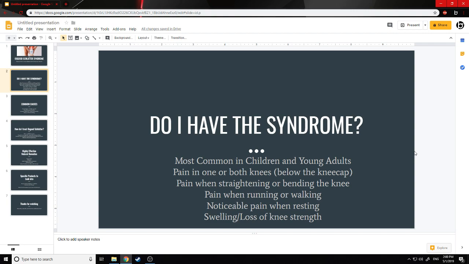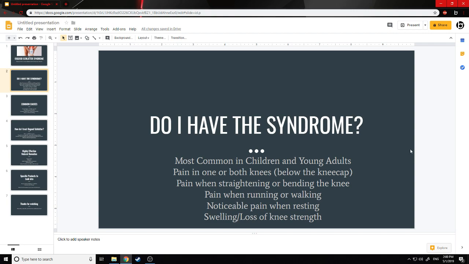So your muscles tend to stretch, and it's putting a strain on your knee joints, and that's causing some pretty tremendous pain. So that is one thing to keep in mind, just your age. Typically, not always, but typically children and young adults are most susceptible to Osgood Schlatter.